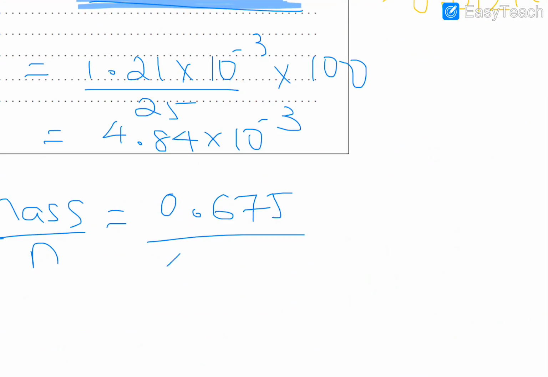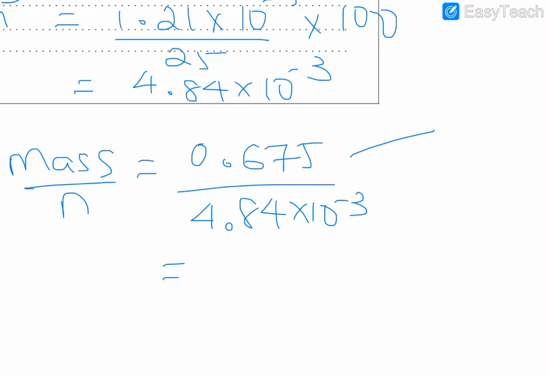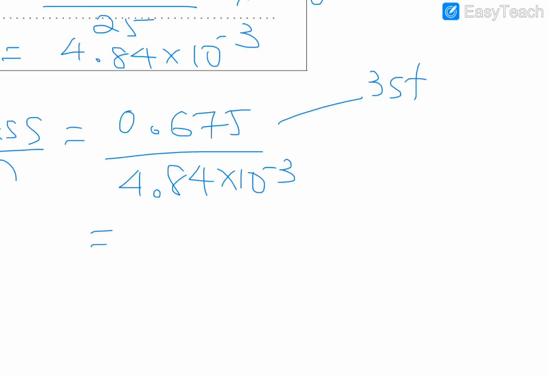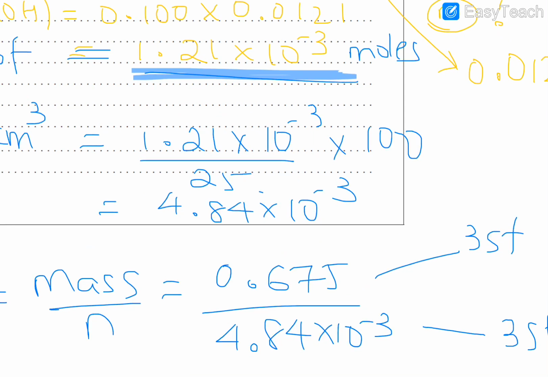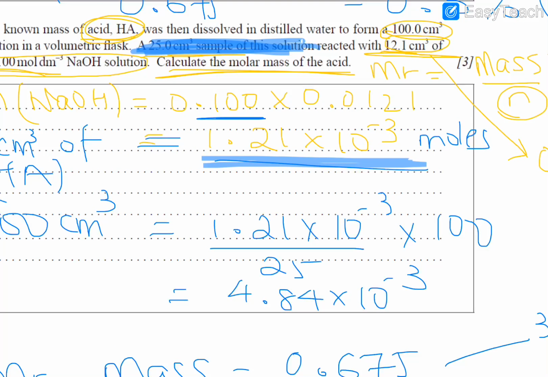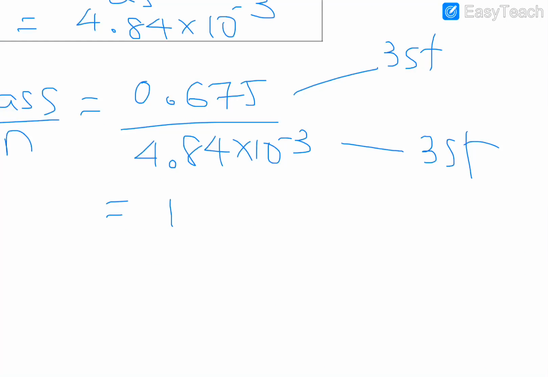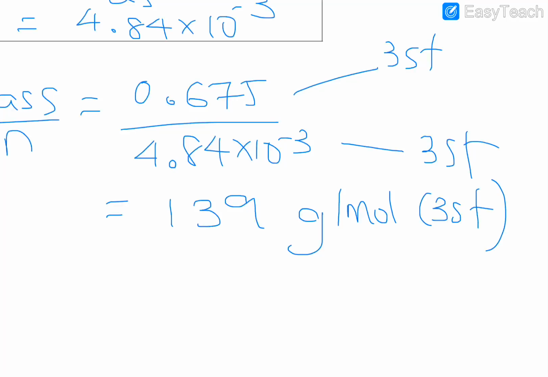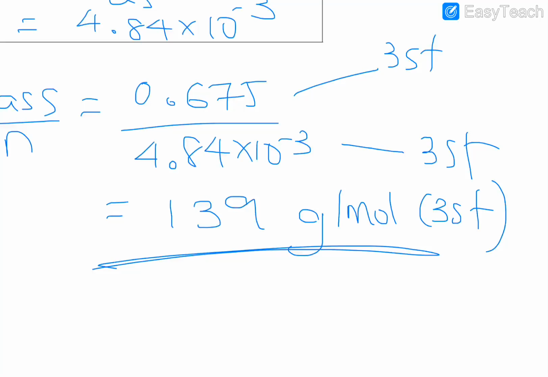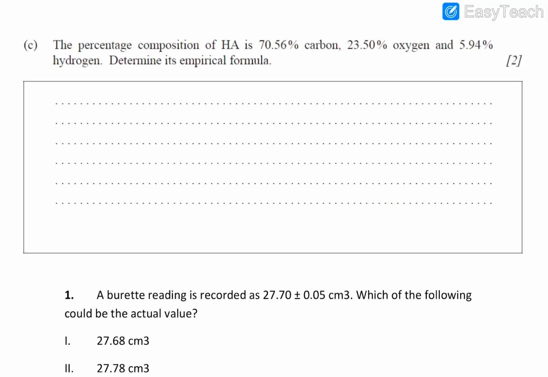And the number of moles, this is what I just found. So that gives me, this is to 3 SF, because all the values here are 3 SF, so that would be 3 SF. So my answer to 3 SF, gram per mole. So that's the MR of the acid.